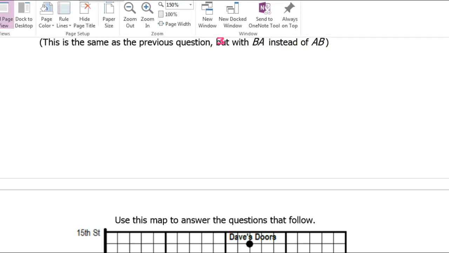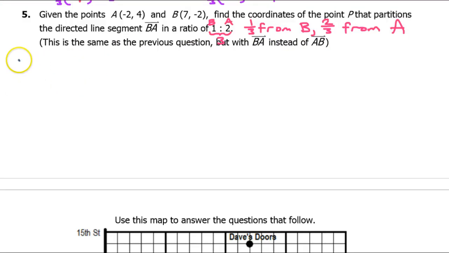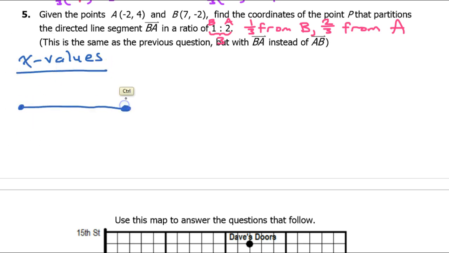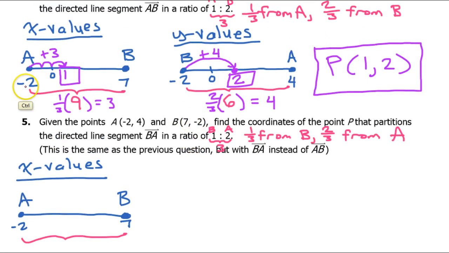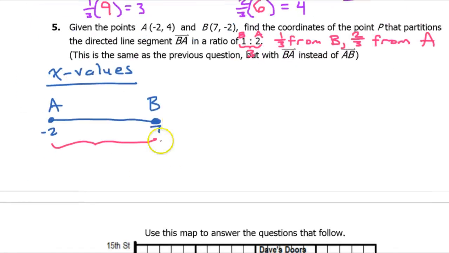So in terms of our x values, okay, that aspect of it is going to be the same. So we have our negative 2 at A and our 7 at B. Just like before, I'm going to do this a little bit faster since it's the same. All right, from negative 2 to 7, we knew that that was going to be 9.